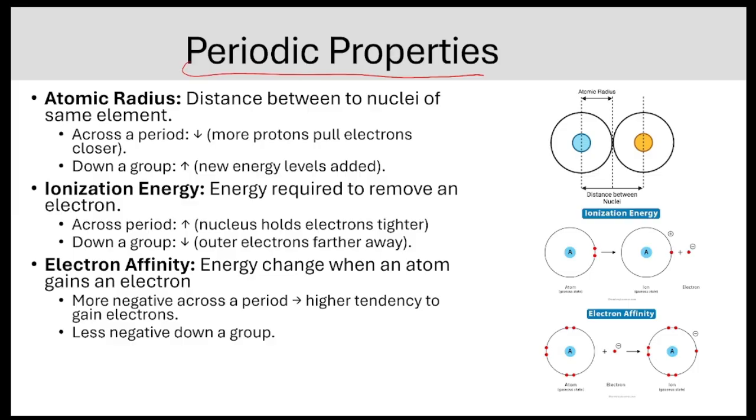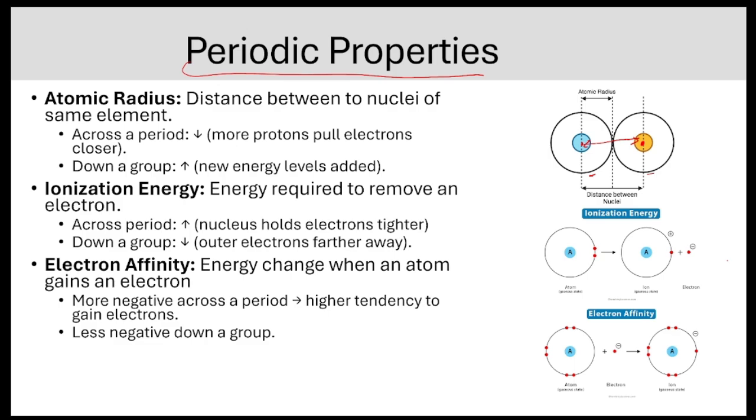And let's start with the atomic radius. Atomic radius is the distance between two nuclei of the same element. Here we can see in the figure we have two atoms, and the atomic radius is the distance between two nuclei of the same atom.